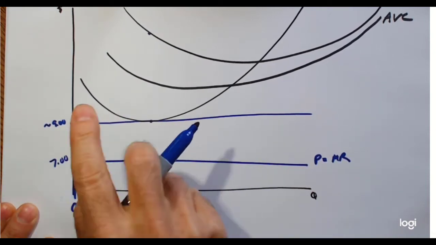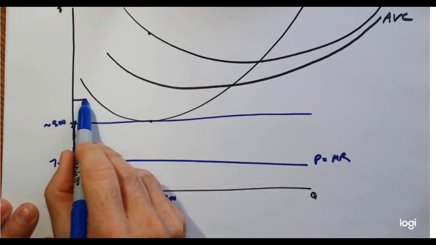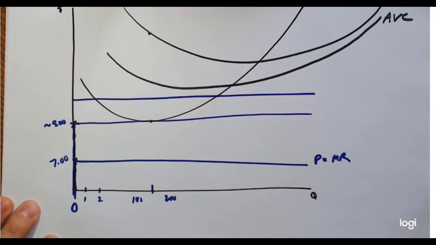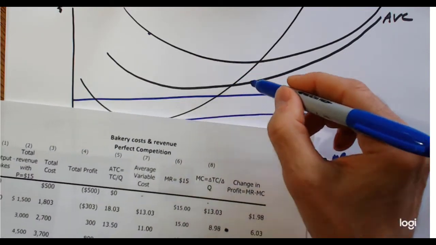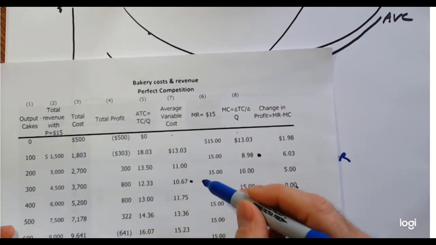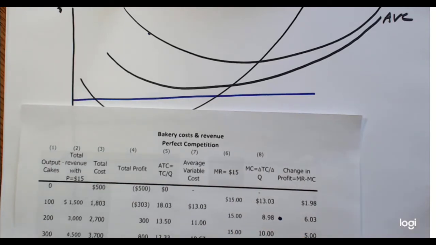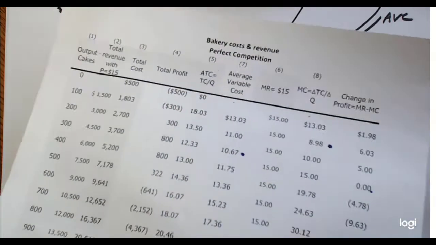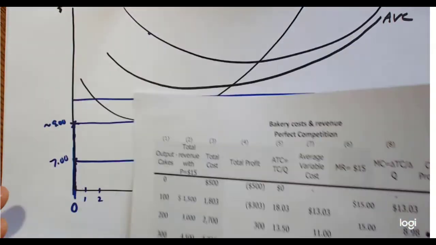Okay. Now, what happens if we can produce at this point? Where would we be here? We've got to be below the average variable, right? Here's the average variable. So we've got to be below the average variable minimum here, somewhere down here. The price has to be below this minimum average variable cost right here.